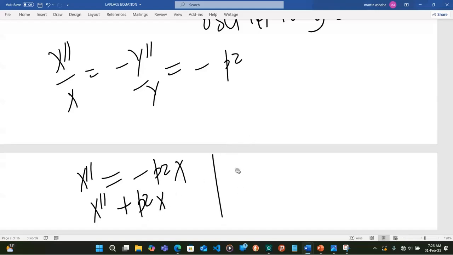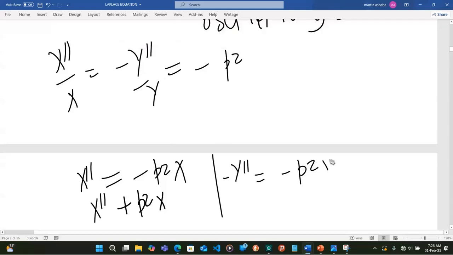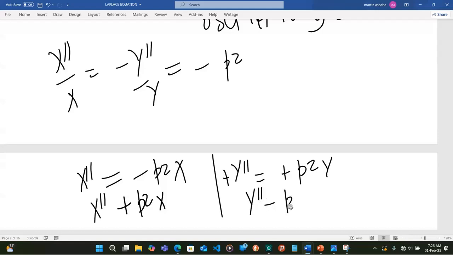The other one is going to be Y double prime is equal to p squared Y. Remember, this was negative, so the negative cancels, so that we have Y double prime minus p squared Y is equal to 0.